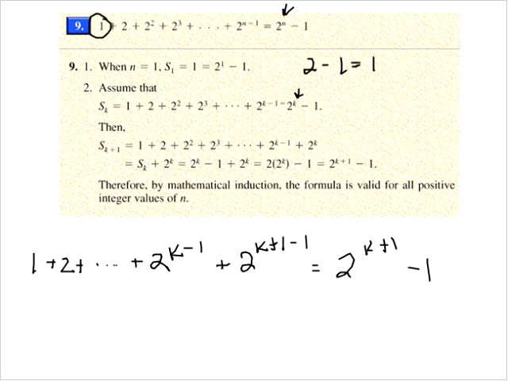So from here all the way to here, I know that that is equivalent to the 2 to the k minus 1. All right, and then I just simplified that exponent, so it's just 2 to the k.